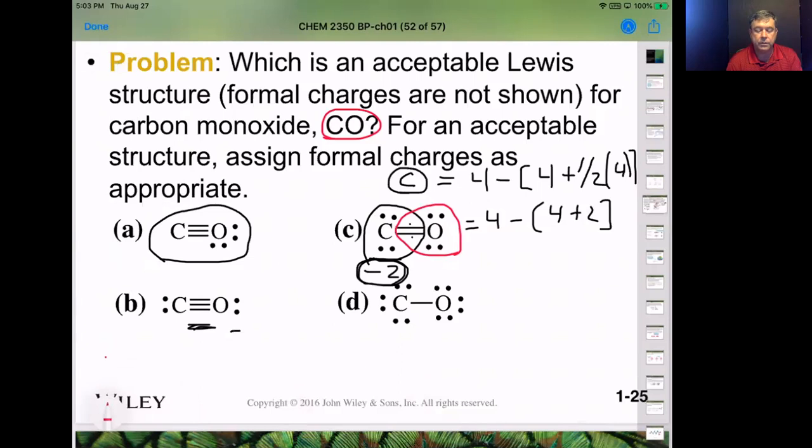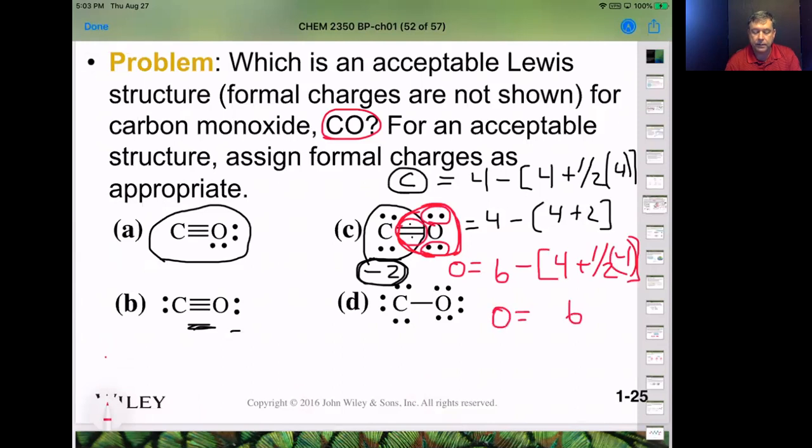Let's look at the formal charge on oxygen here. Oxygen is in group 6, so it brought in 6 valence electrons. Now we subtract its lone pair electrons, which is 4, plus 1/2 of the bonding electrons, which are 4, which makes the inside of this bracket 6.